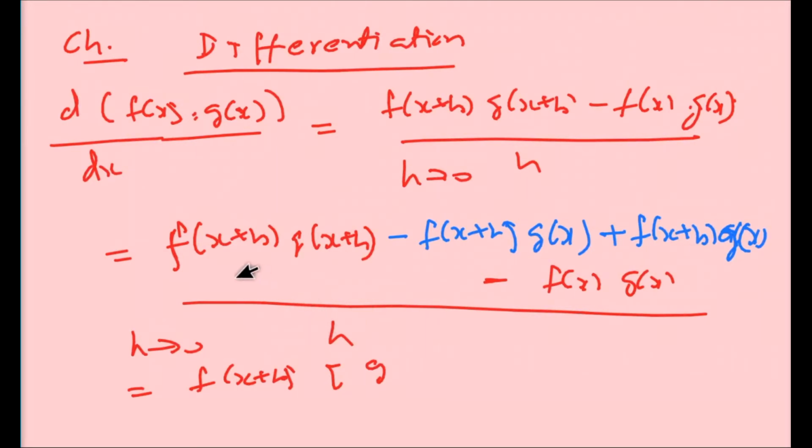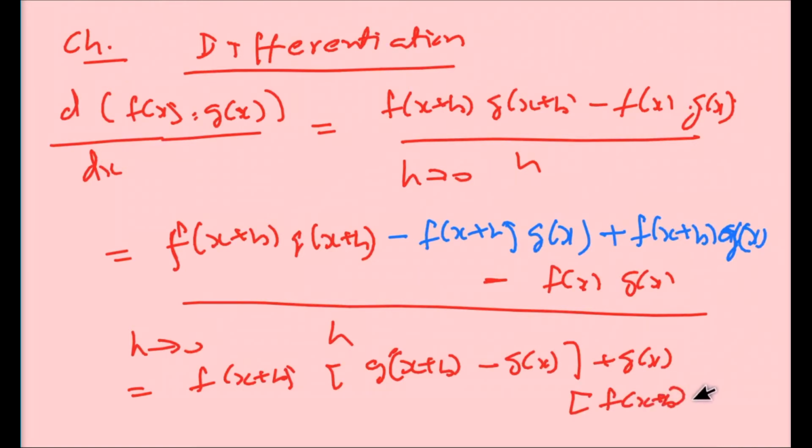Now taking this common f(x+h), we get g(x+h) minus g(x), and taking common g(x), what do we get in bracket? f(x+h) minus f(x). Okay, this you should understand.